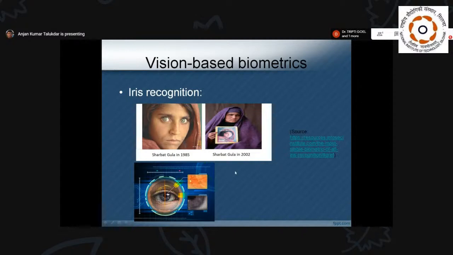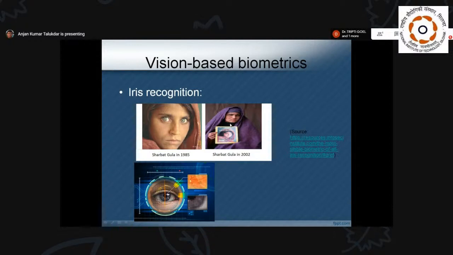But after almost 17 years, when the same photographer tried to find her, it was difficult to find her. This was the picture of the same lady, Sharbat Gula, in 2002.